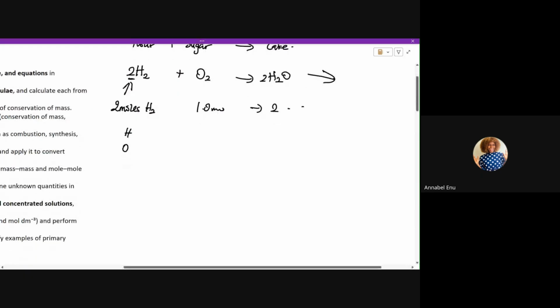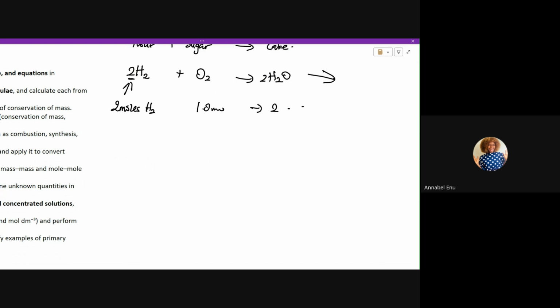When we talk about mass here, we can check that by figuring out the molar mass. We know there's relative mass or molar mass, which are usually the same number.